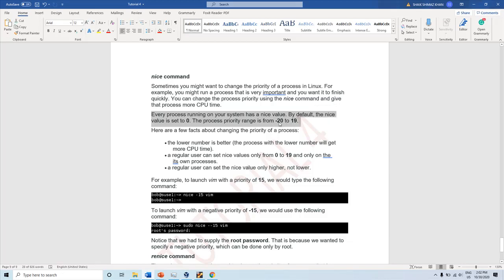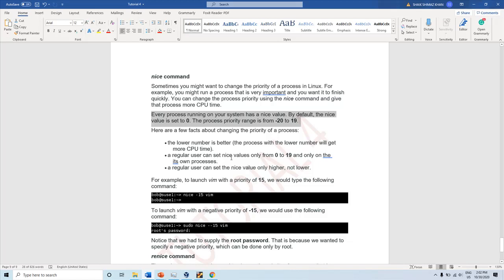If the value is less, that means the chance of getting the CPU is high. So -20 compared with 19 means a process with -20 has the higher priority. The lower the number, the better. The process with the low number will get more CPU time.